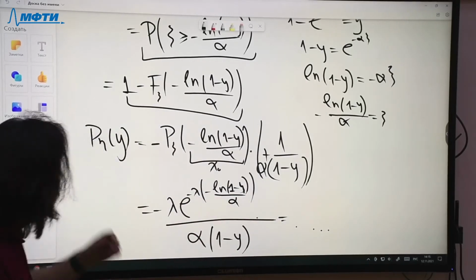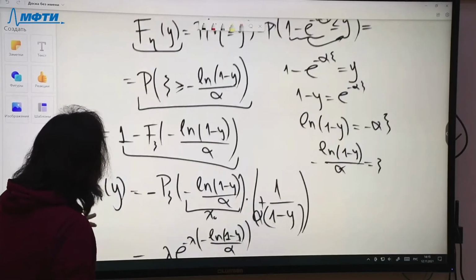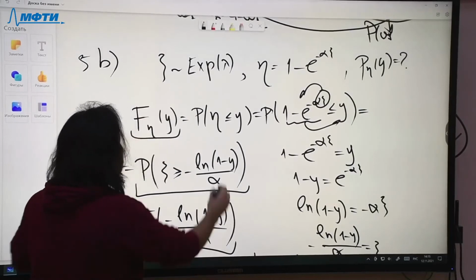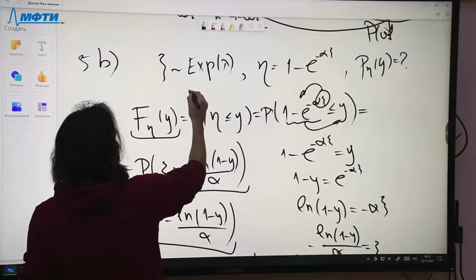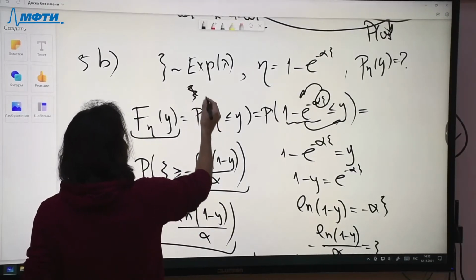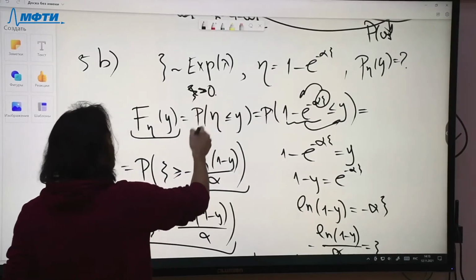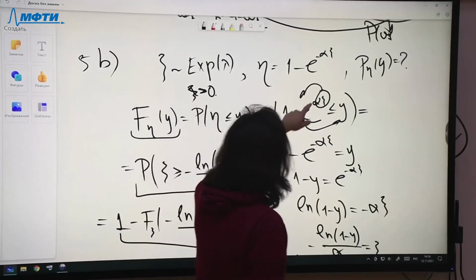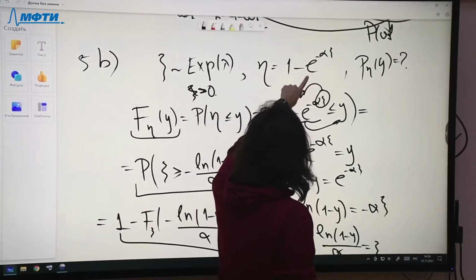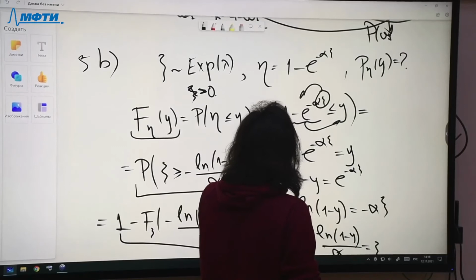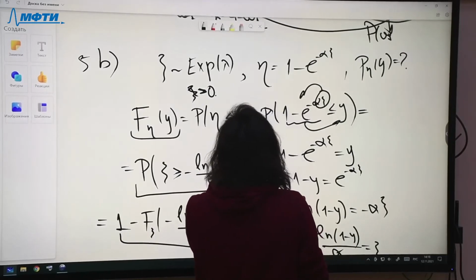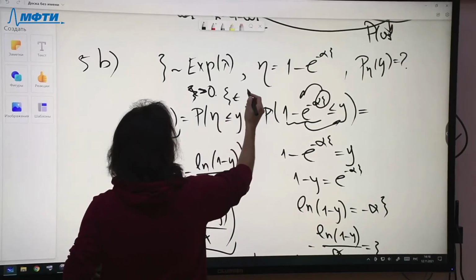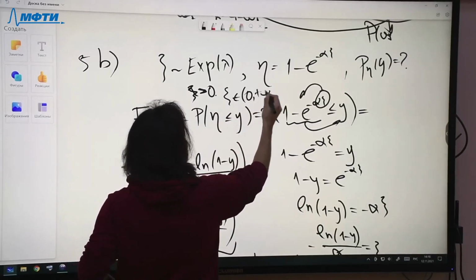And of course, we need to look at where this function is defined. So look, the exponential distribution is, in this case, psi is greater than 0, right? Then here the function is defined where? Psi belongs from 0 to plus infinity.